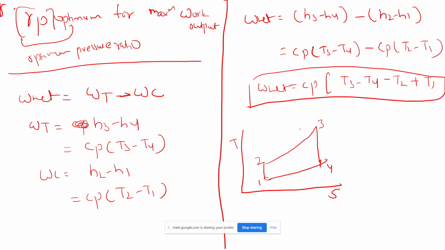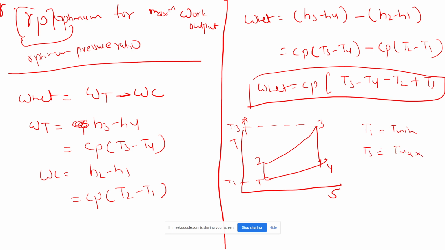The maximum temperature here is T3 and the minimum temperature is T1. So we can write T1 equals T minimum and T3 equals T max.